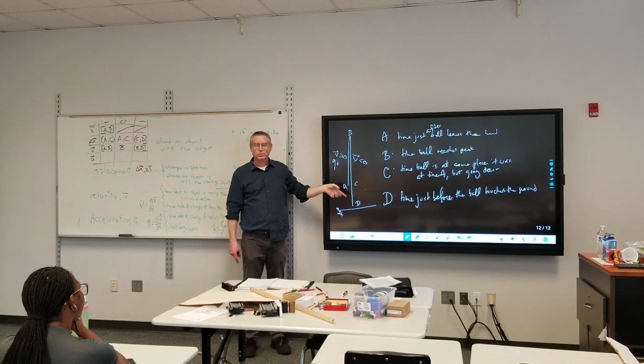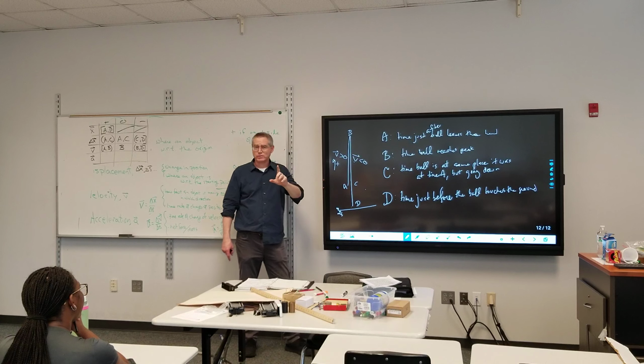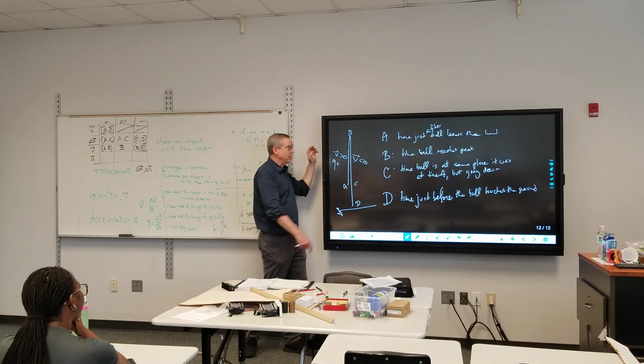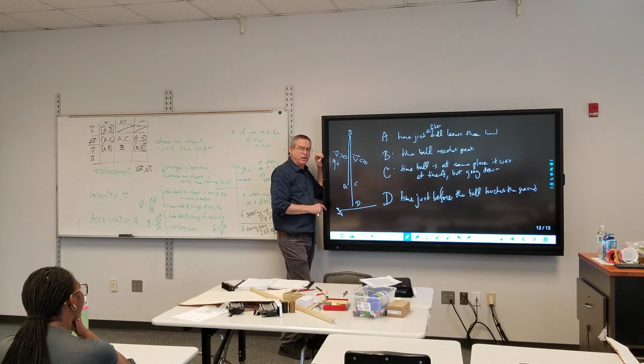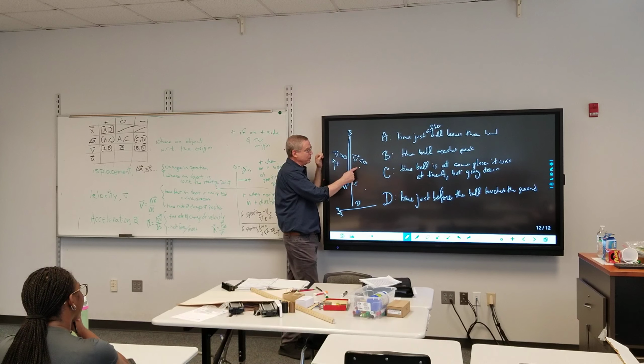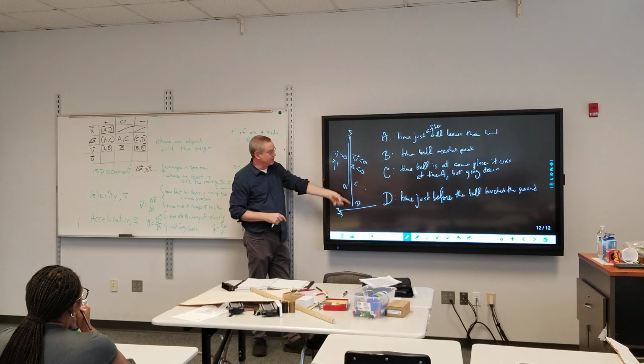It's speeding up, ignoring air resistance. So the acceleration and velocity have the same sign. Since velocity is negative, acceleration is negative from B to D.